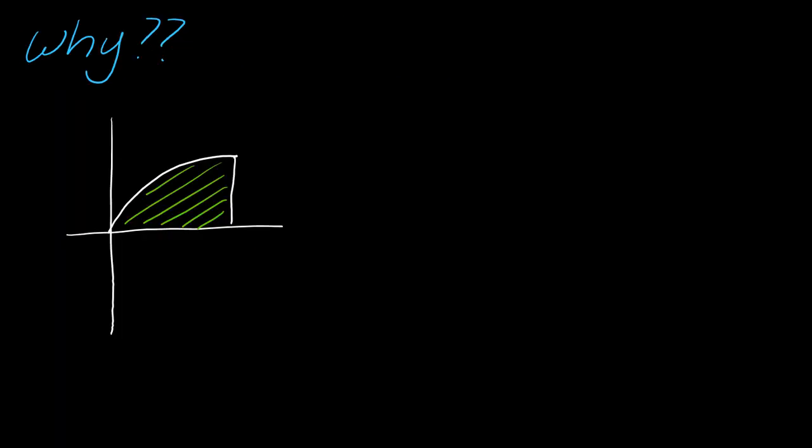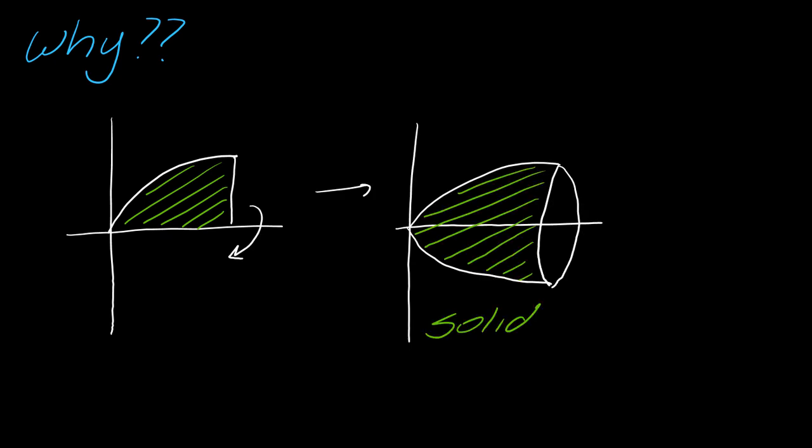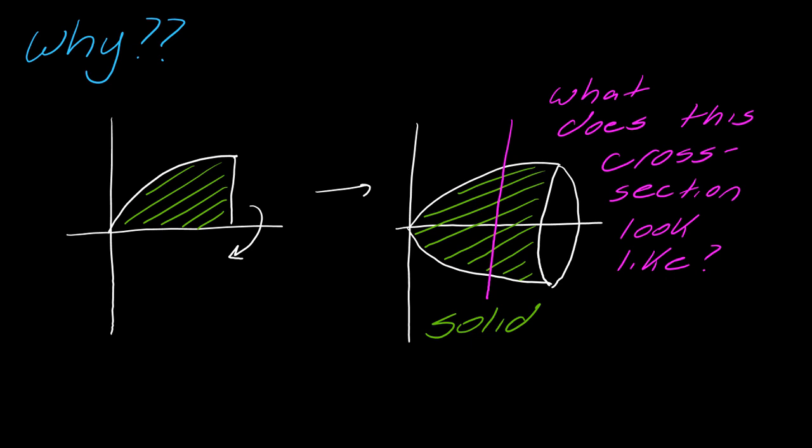And of course, why would that be true? If I have, say, this region here, and I want to revolve it into this solid, think about what the cross sections look like. The cross sections are circles. What integration is doing is finding the area of each one of those circles, and we know that the area of a circle is, of course, pi r squared. But as you can see, as I move up and down the solid, these circles all have different radii.